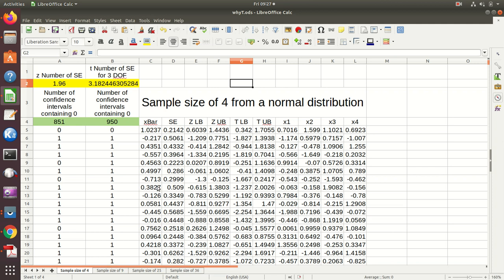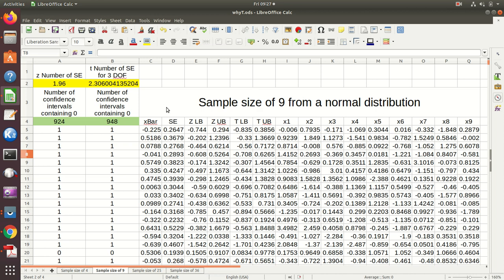Now, that number changes as the sample size changes. So here we have a sample size of 9, so I have x1 through x9, but I did the same thing. I found the average, I found the standard error, I took that 1.96 and I made a lower bound and an upper bound for my confidence intervals, decided whether my 0 was inside that confidence interval, and it either was or wasn't.